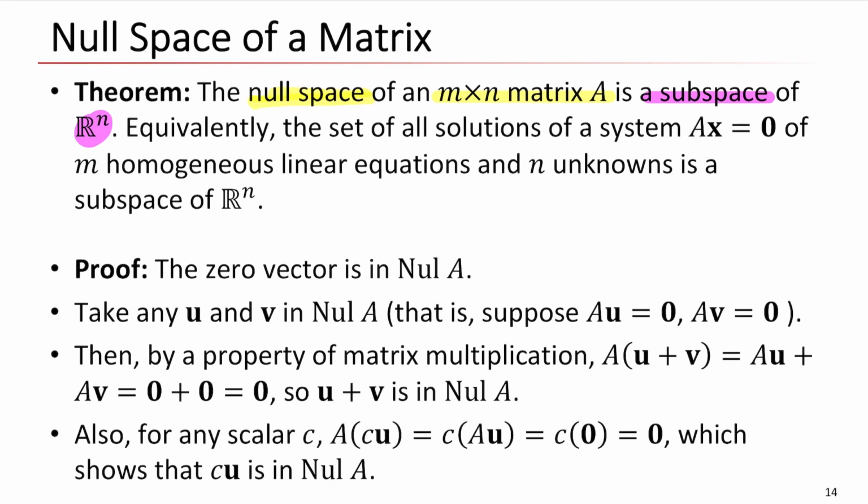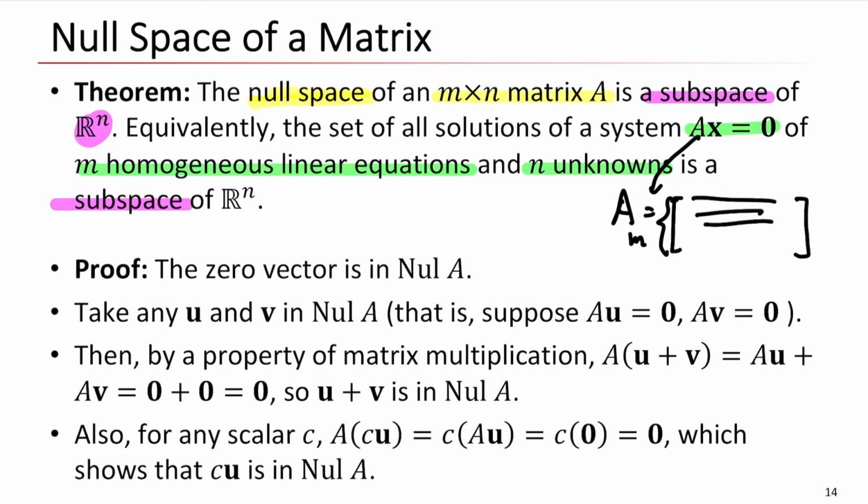In other words, equivalently, the set of all solutions of the system Ax equals 0 of m homogeneous linear equations in n unknowns is a subspace. What does it mean? The matrix A represents m homogeneous linear equations in n unknowns, right? Then the set of the whole solution of the system Ax equals 0 is a subspace.